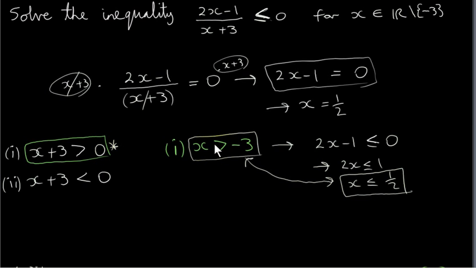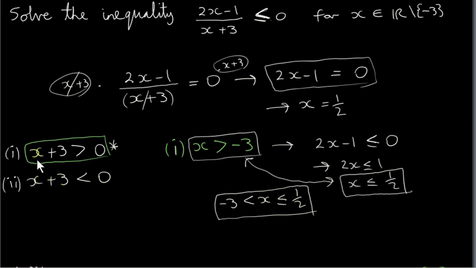So we must have that x is greater than minus 3 and x is less than or equal to a half. In the last example, we covered this. We found that these two inequalities can be combined into minus 3 less than x less than or equal to a half. So this is one solution set of our inequality.